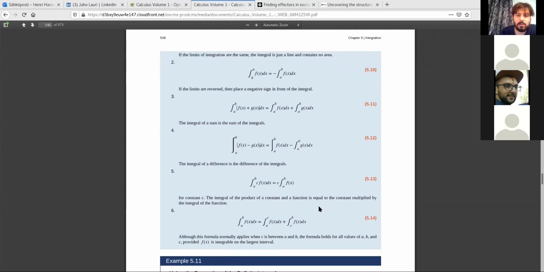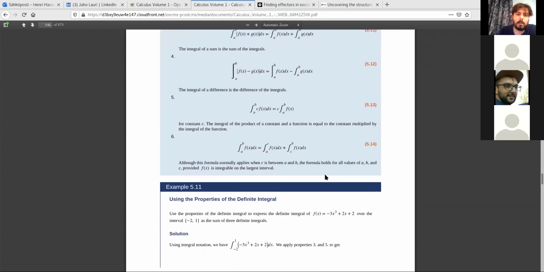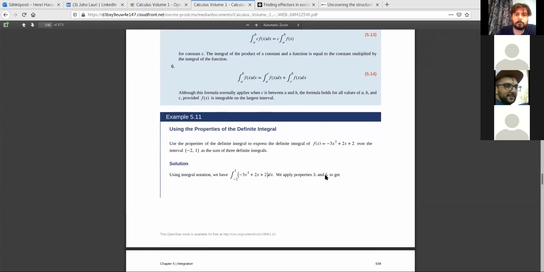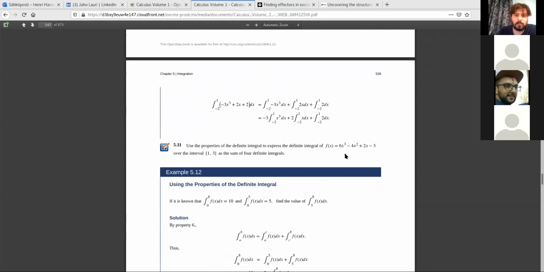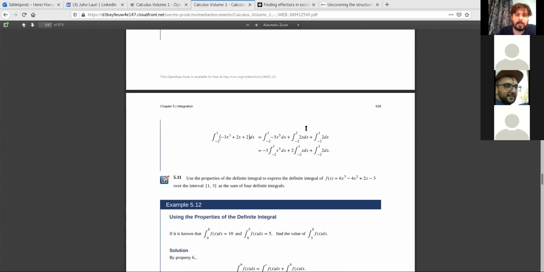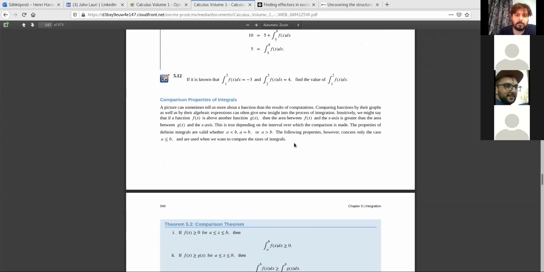That's why it needs to be so. Here are some examples of the properties you can use with this linearity.